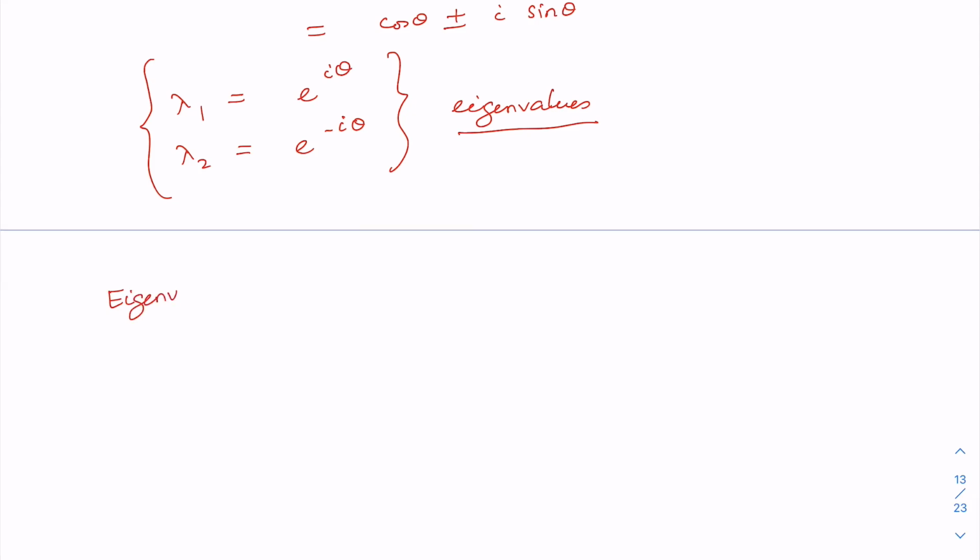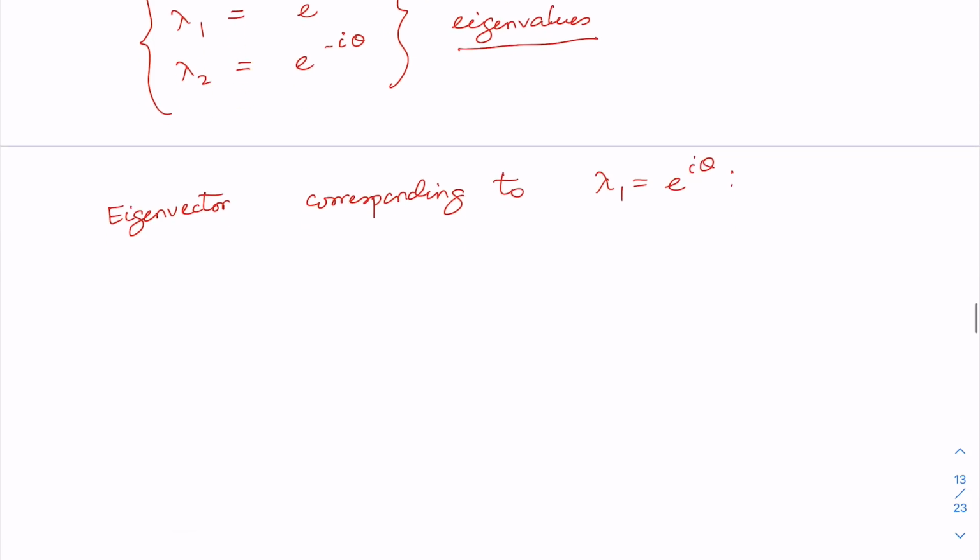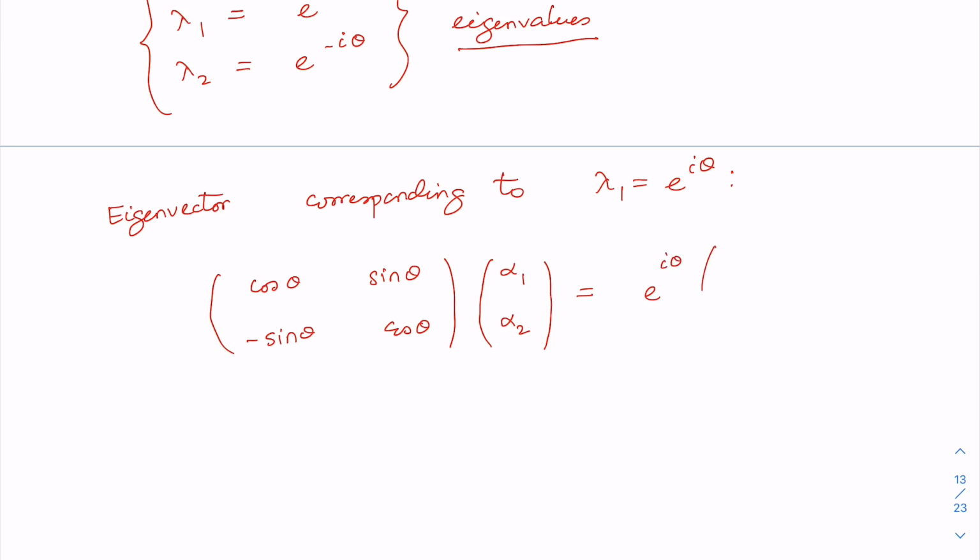Now what about the eigenvectors? First of all, the eigenvector corresponding to the eigenvalue lambda 1 equal to e to the power i theta. Let us work it out. Let me denote the eigenvector by this column matrix with elements alpha 1, alpha 2, and the eigenvalue is e to the power i theta.